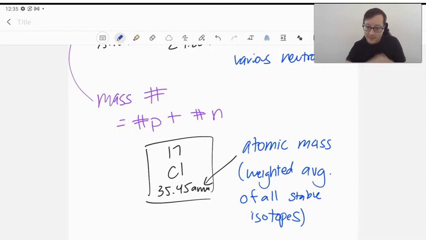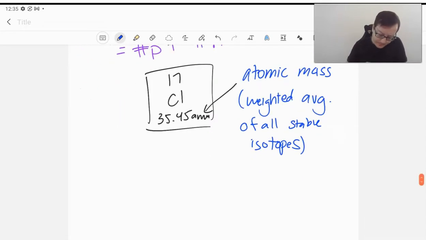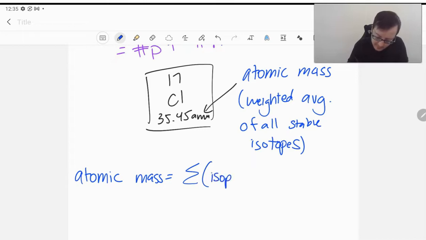And so when we think about a weighted average, we'll see that the atomic mass is equal to the sum of the isotope mass, one day I'll learn how to spell isotope on the first try, but that's not today, the isotope mass times the relative abundance.